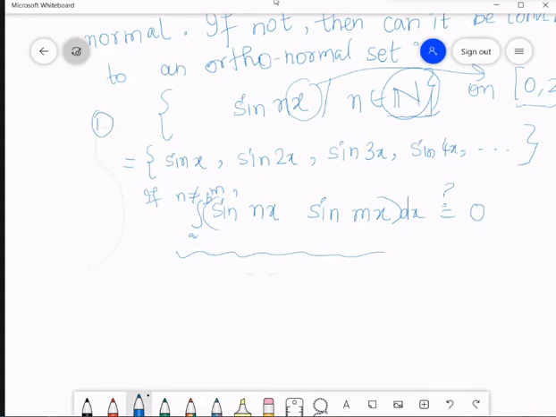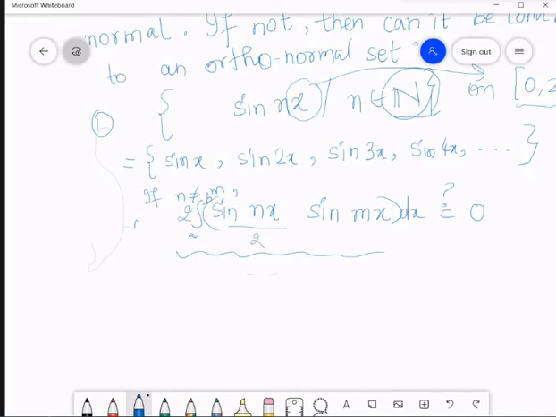Now let us, oh, what has happened now? So I can use trigonometry over here, multiply and adjust the 2. Divide by 2, so this 2 I'll write here.